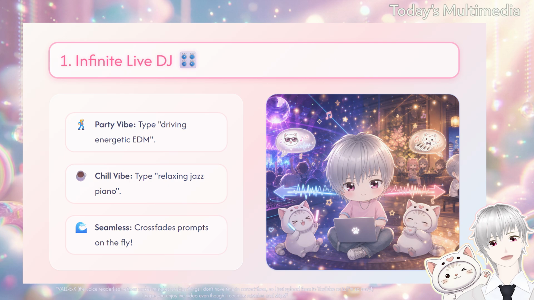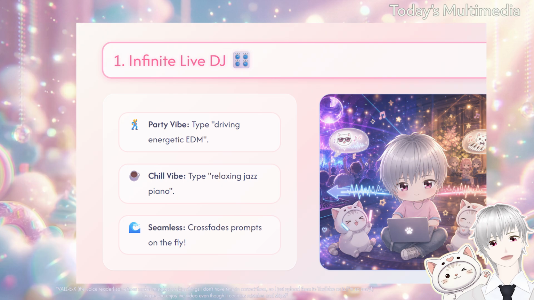You can type in driving energetic EDM, and the AI starts generating awesome dance music in real time. Then the vibe of the party changes, and people want to chill. You just smoothly type in relaxing jazz piano. Then the AI seamlessly transitions the live music from EDM to jazz. It rotates the prompts on the fly.